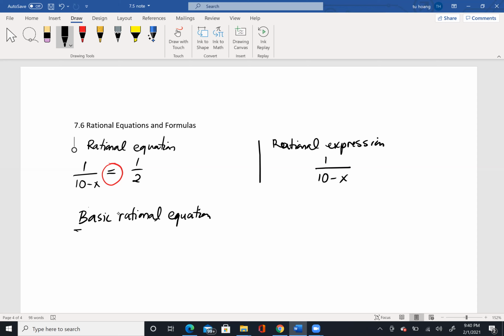A basic rational equation is an equation that has the form a over b equal to c over d. So this is just a basic rational equation.